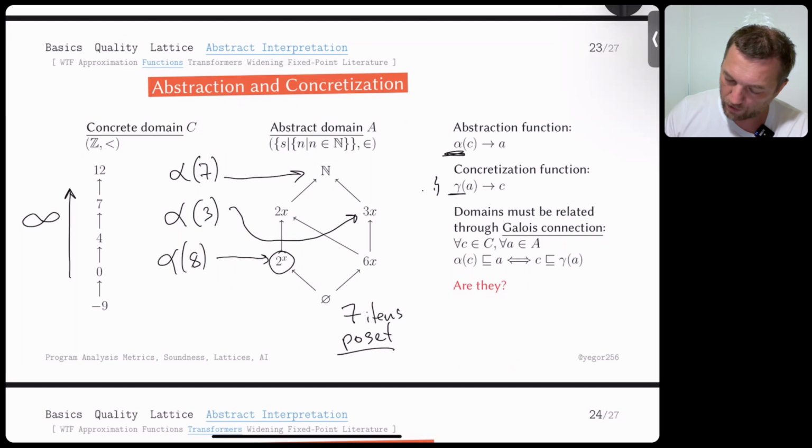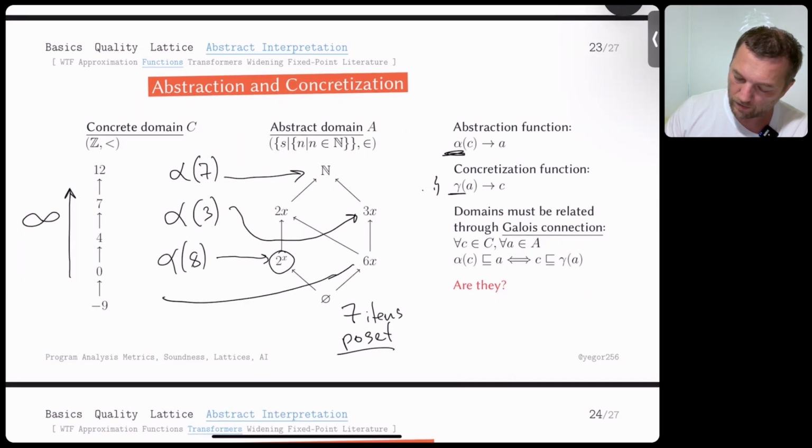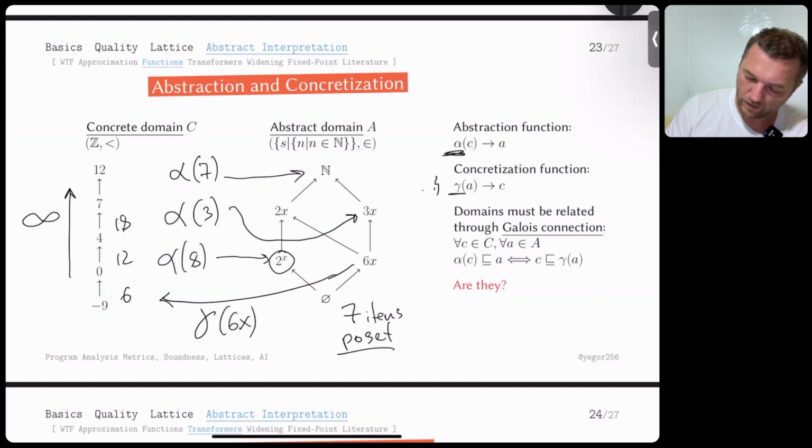And then you go back. So let's say you take 6x. This is gamma. Gamma from 6x goes to 6, 12, 18, and so on. So the alpha mapping is a mapping from a concrete value to an element of this lattice.